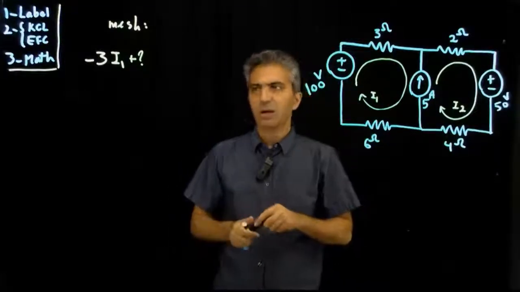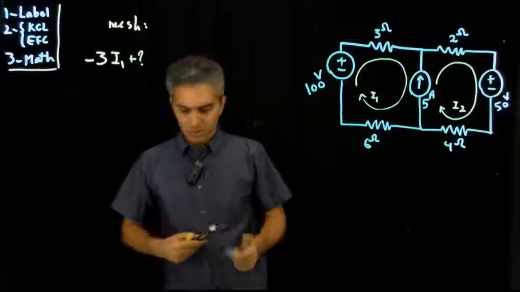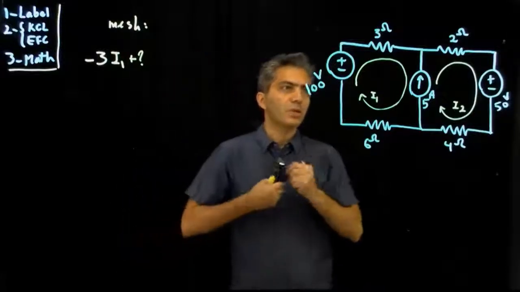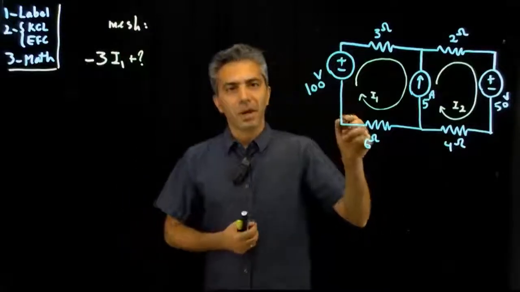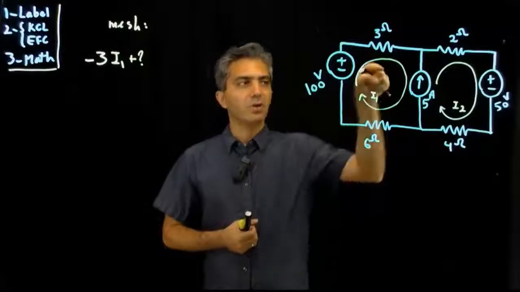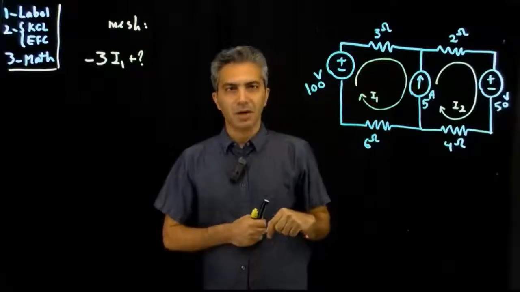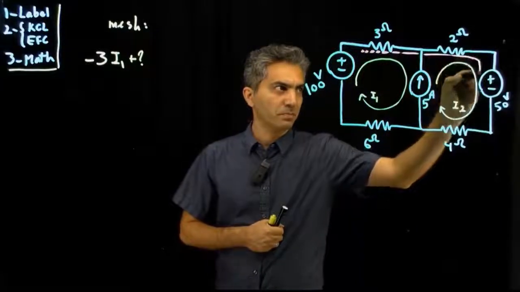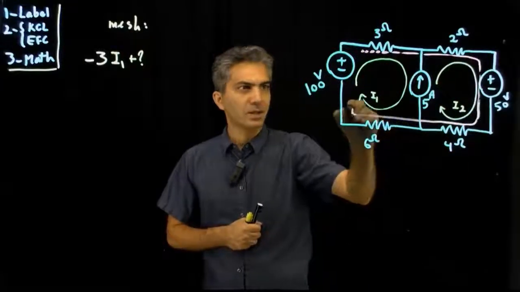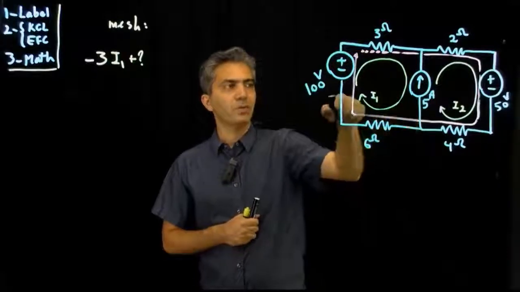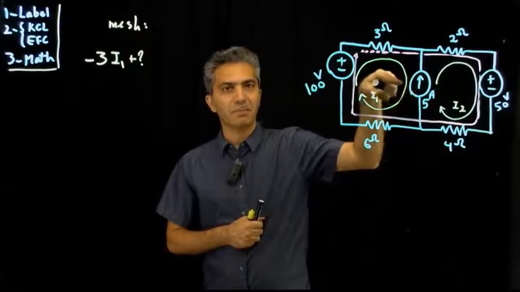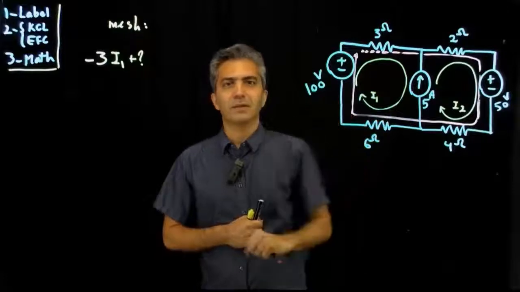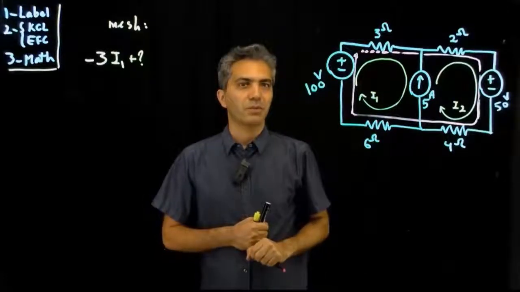So now the workaround that is going to work here goes like this. We basically define a new mesh through which I'm going to bypass the current source. So look at this. If I define a new mesh as being a loop that goes like that, it actually doesn't go through that current source anymore, right?